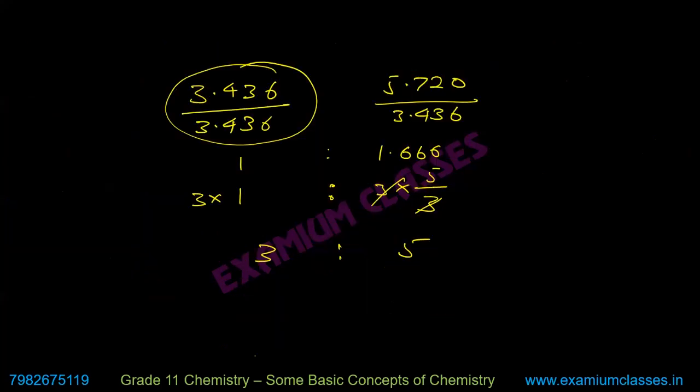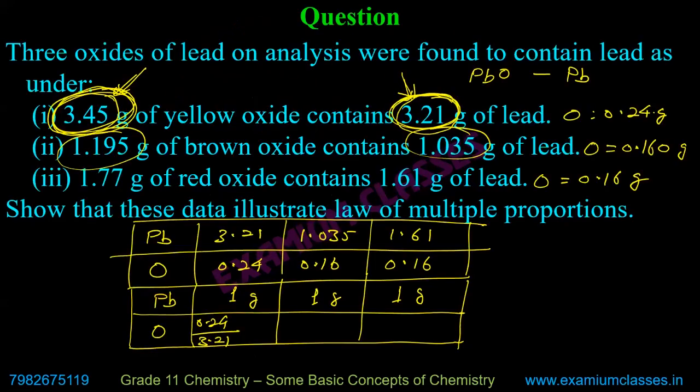That is something I talked about for the ratios. So when you are converting 3.436 is to 5.720 in simpler form, there I said that you need to divide by the smaller one to get one. For that, I talked about simplification of ratio, not here while calculating for 1 gram.